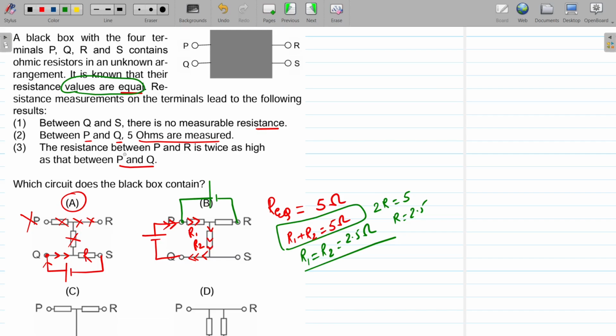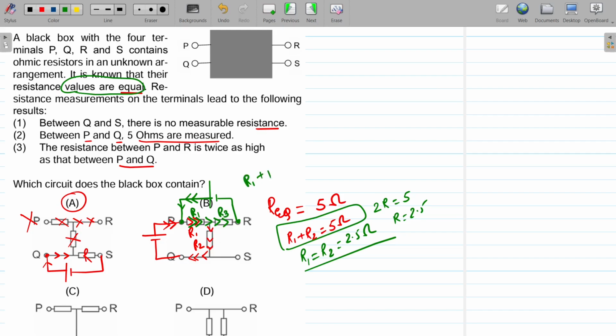The third condition says the resistance between P and R is twice as high as that between P and Q. If we apply a cell between P and R, the current will flow from this to this. Here you can see this was R1 and suppose this is R3.